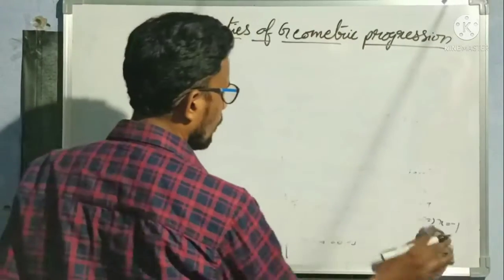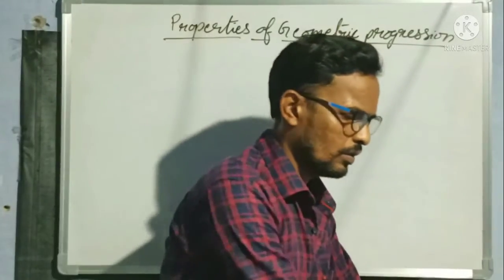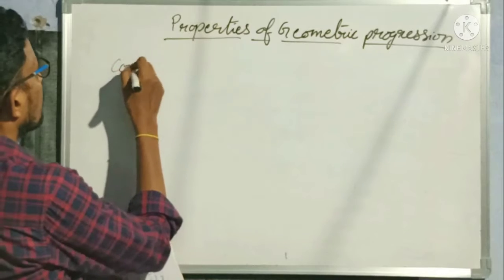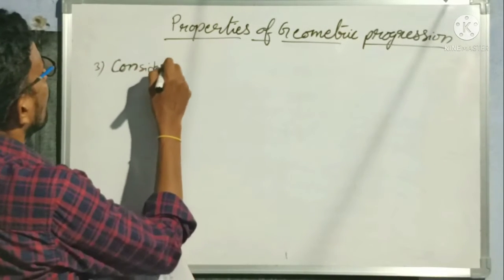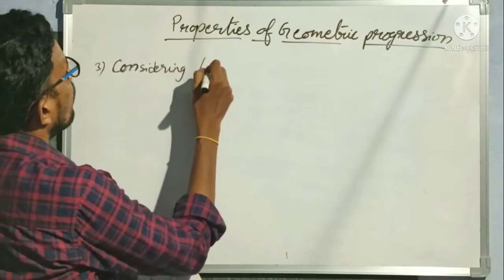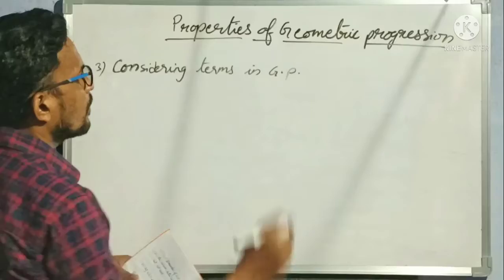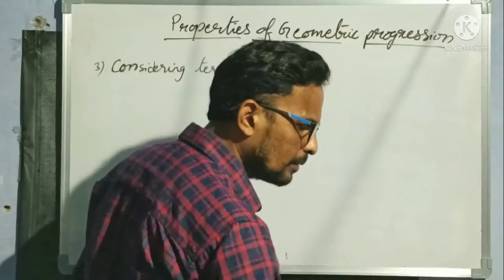Okay, so what is the third property now? Considering terms in GP, that is the third property. So how to consider terms in GP?